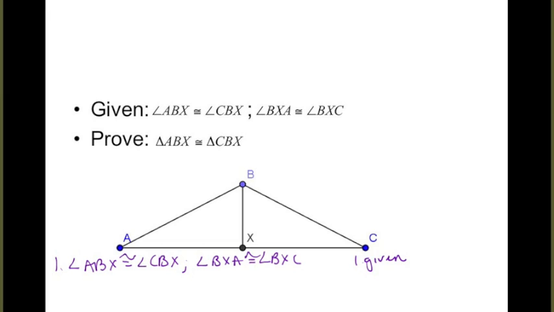Which is 2 sets of angles. So we've got the 2 sets of angles with B as their vertex. And we've got the 2 angles with X as their vertex.